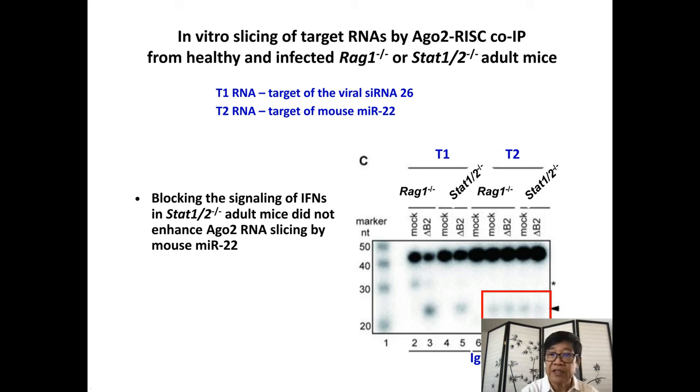As you can see, the cleavage of T2 RNA directed by microRNA 22 is similarly efficient in RAG1 mice or STAT1, STAT2 double knockout mice, whether or not they are infected. So microRNA cleavage is not altered by infection, or by the presence of active interferon signaling or completely defective interferon signaling.